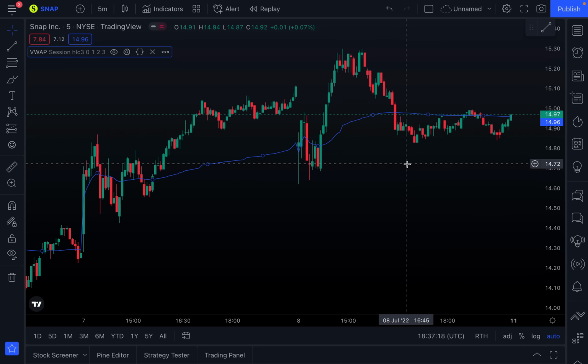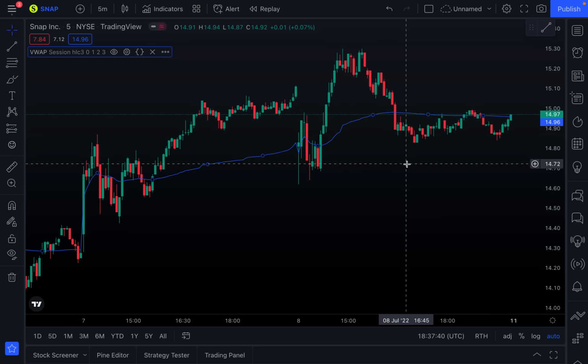Well, let's say a customer calls their investment manager and says, hey, I want to buy 500,000 shares of Snap. Guess what? The investment manager is not just going to buy Snap at any time during the day, right? They're not just going to go ahead and buy 500,000 shares right away. No, they're going to be looking to buy it as cheaply as possible that day.